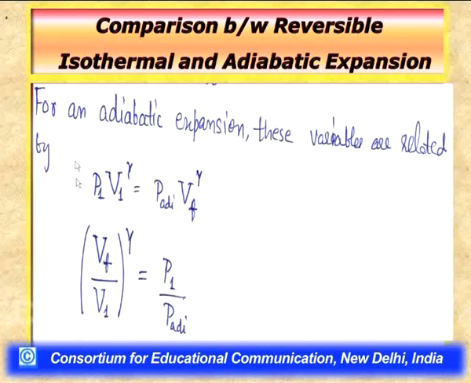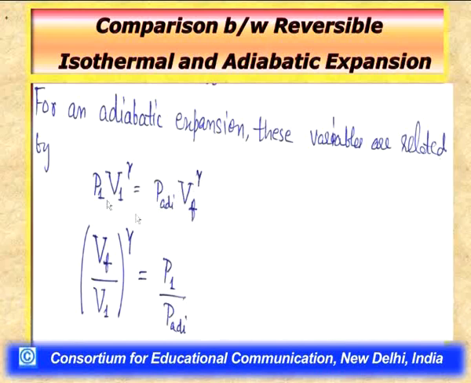So, instead of P1 V1 equal to P final V final, we write P1 V1 raised to the power gamma equals P_adi, the final pressure under adiabatic condition, times the final volume under adiabatic condition, again raised to the power gamma. In the isothermal process, P_iso into Vf was just the final pressure and volume, but here it is P_adi into Vf raised to the power gamma.